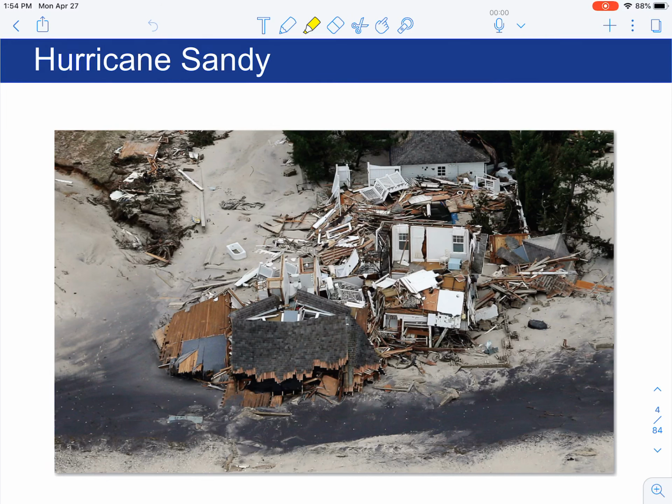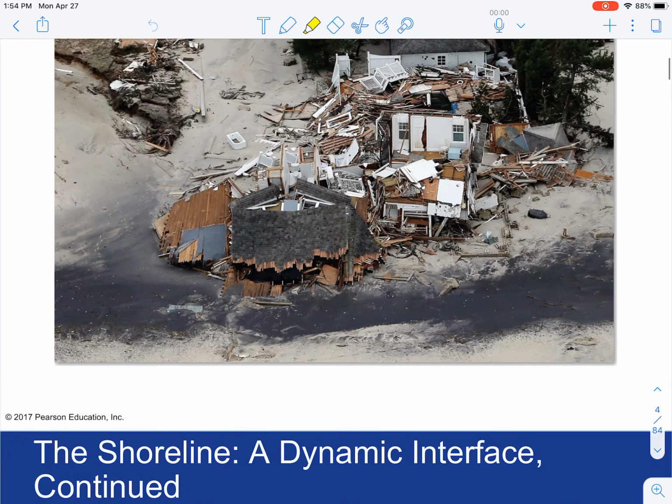So Sandy was atypical in that it hit the Jersey Shore and parts of Manhattan and lower New York City, and it was devastating because those areas are not only low-lying and at sea level, they're not accustomed to severe storms like hurricanes. So obviously you can see that they did a tremendous amount of damage.